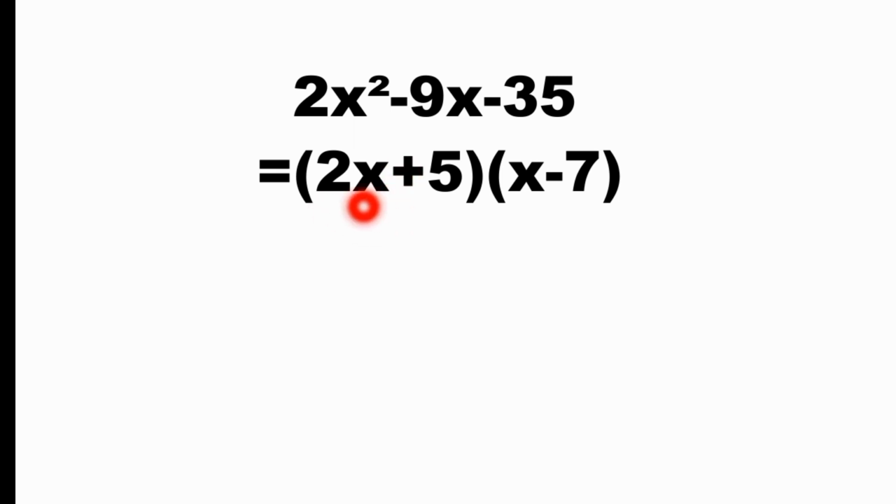We have 2x plus 5, not minus 5, and the quantity x minus 7. If you multiply this, this is negative 14x and positive 5x. If you combine this, it will give you minus 9x.